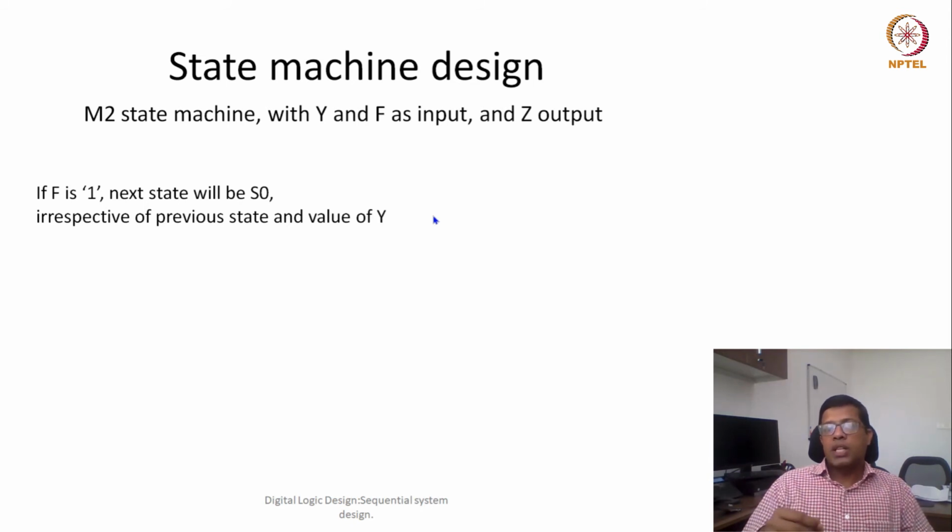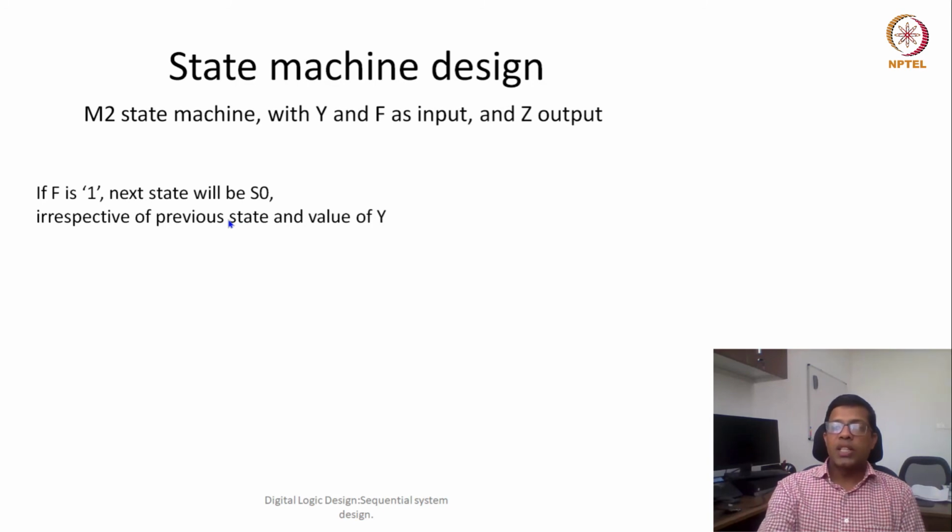Irrespective of the present state, whether it is S0, S1, S2, S3, the next state is always going to be 0, because that would be the starting of the next block, so we have to start afresh. And whatever the value of y, 0 or 1, the next state is always going to be S0 if f is 1.